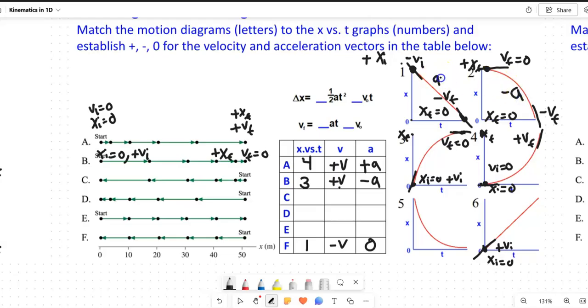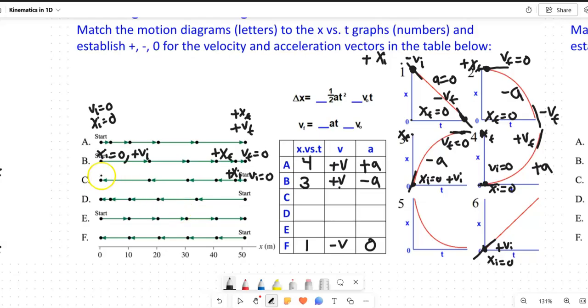Incidentally, this is an acceleration of 0, straight line. This is a negative acceleration. This is a positive acceleration. All right, so we're looking for something starting out far away with a small velocity vector. So initial velocity is pretty much 0, but we have a positive initial position.